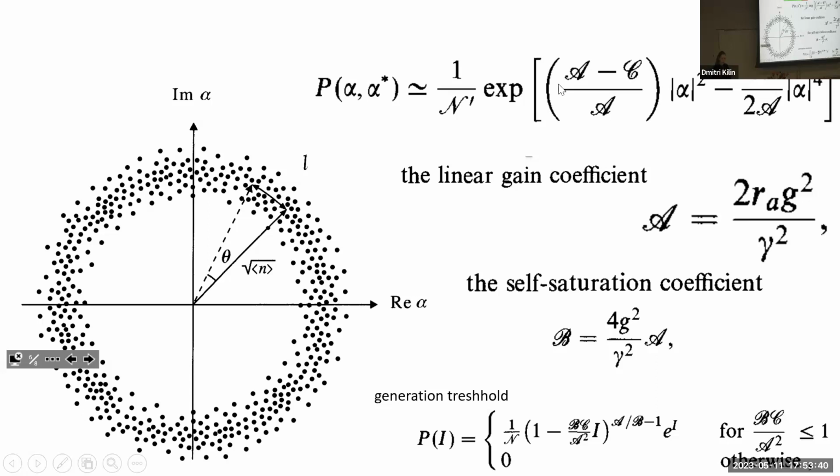Okay, please continue. Okay, so this is the end equation, like I said earlier, where A is the linear gain coefficient, and B is the self-saturation coefficient, and then N is the normalization constant. So near the threshold, the steady state solution of the equation of motion is this.